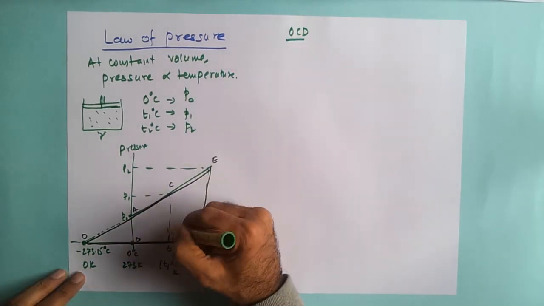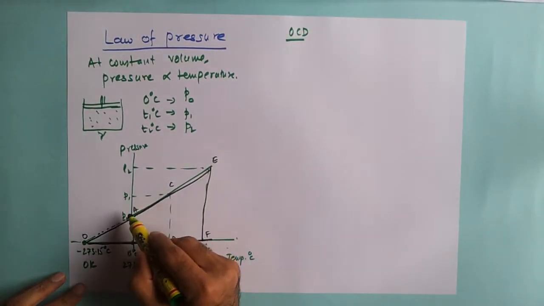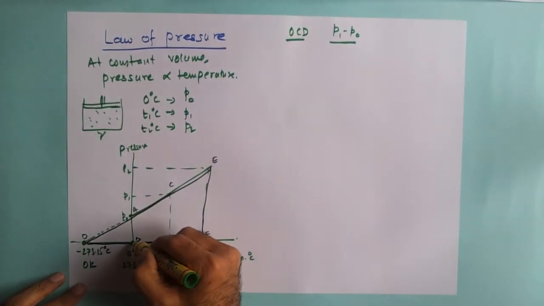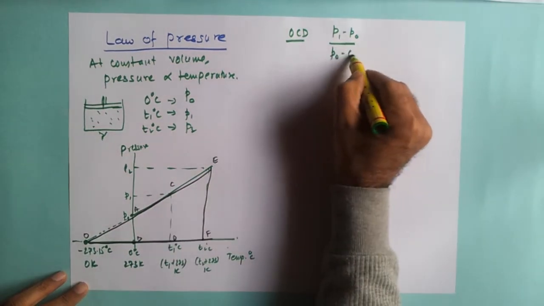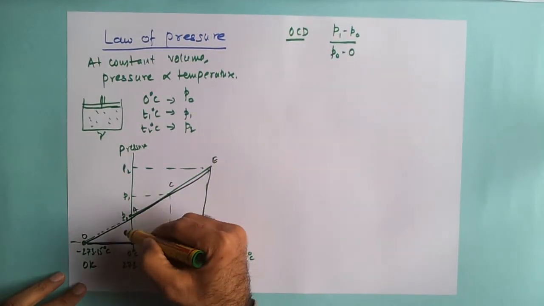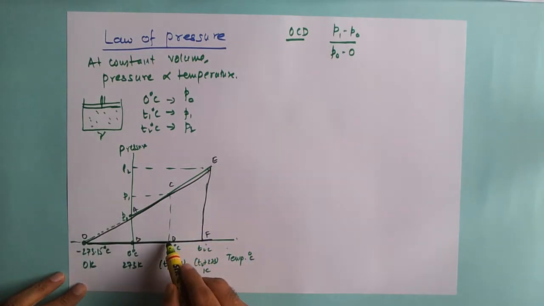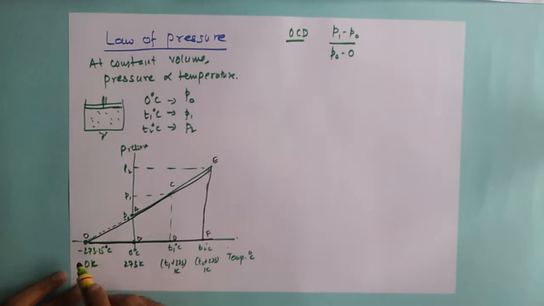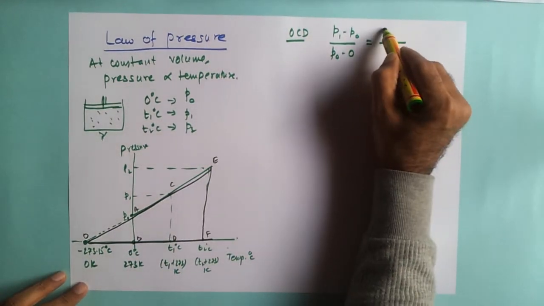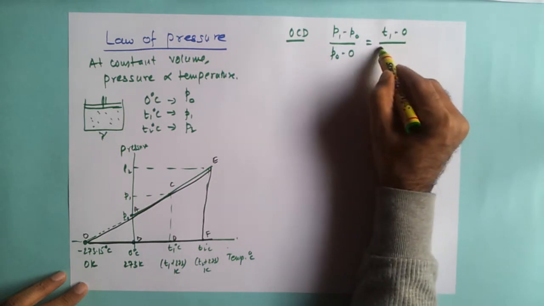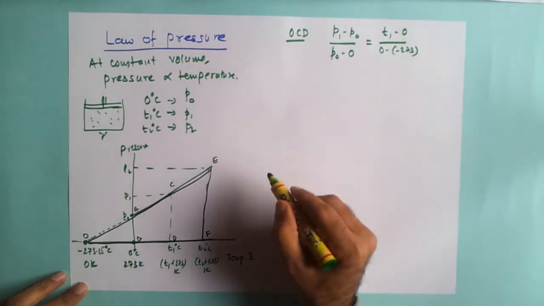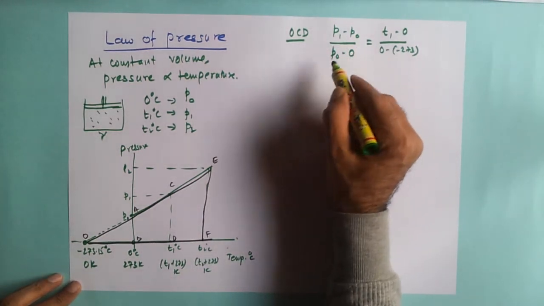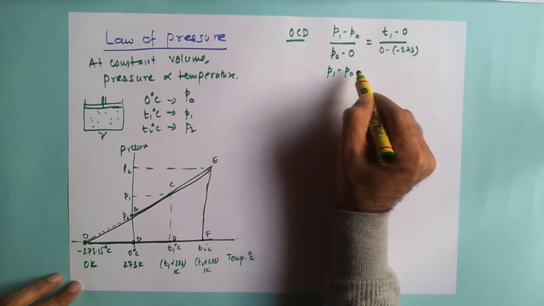If you look at OCD, P1 minus P0 upon P0 minus 0, since the pressure over here is 0, is equal to T1 minus 0 degrees upon 0 minus minus 273. This is how we are looking at pressure.